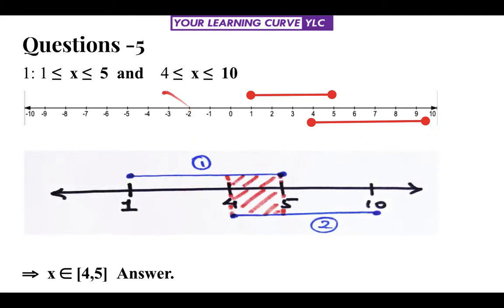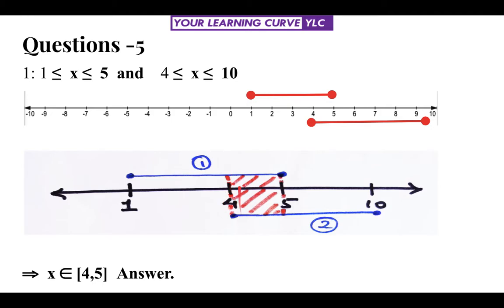Now we see that the first inequality is satisfied in 1 to 5, meaning any x lying in this interval will satisfy the first inequality, and any x lying in the interval 4 to 10 will satisfy the second inequality. We want x which satisfies both the inequalities simultaneously.